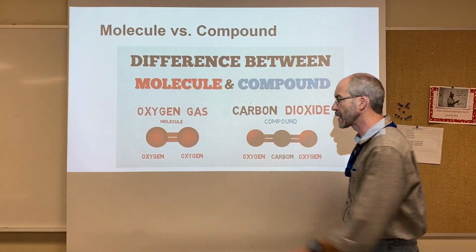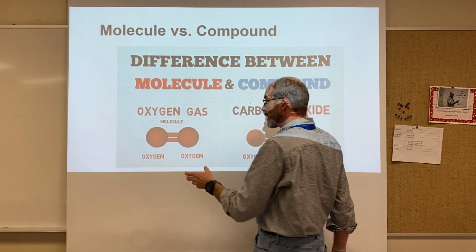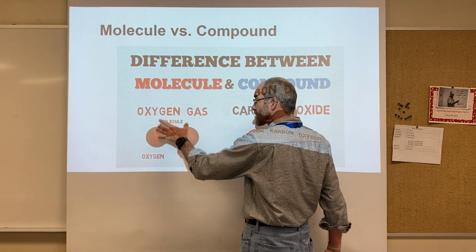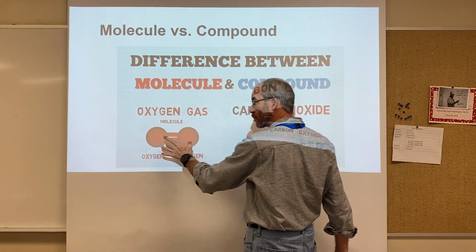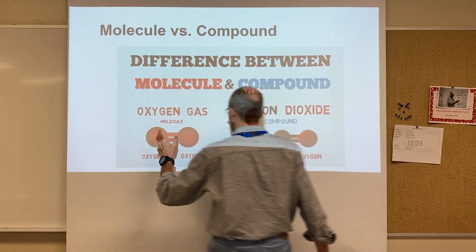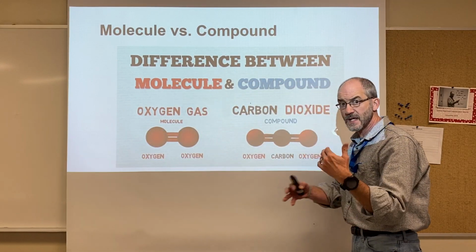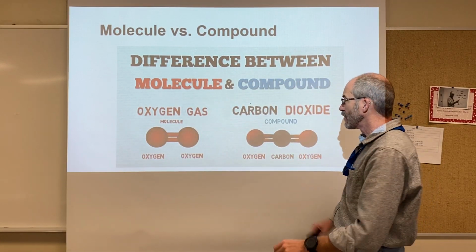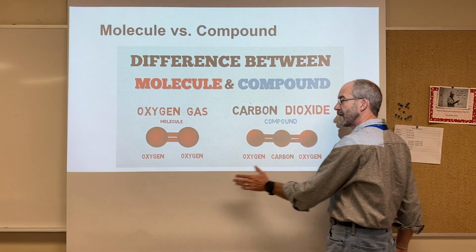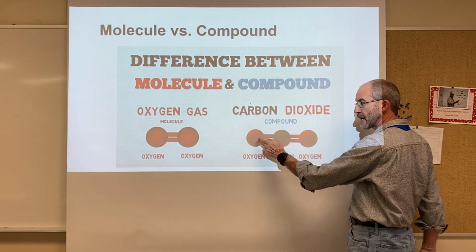Remember the difference between a molecule and a compound. A molecule is, for instance, diatomic oxygen, but a molecule can be 2 atoms of the same type bonded together. This can also be a molecule. But at the end of the definition, this is a compound and this is not. A compound would have to be made up of at least 2 different kinds of atoms.